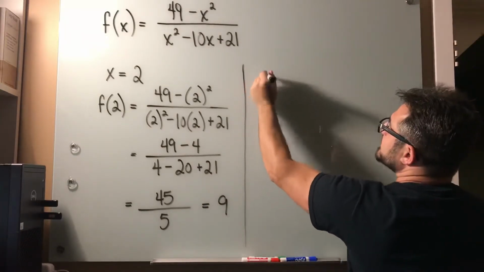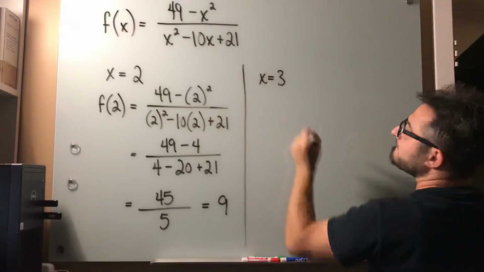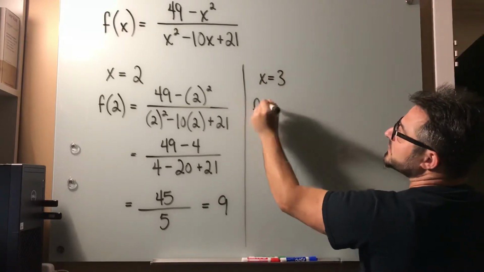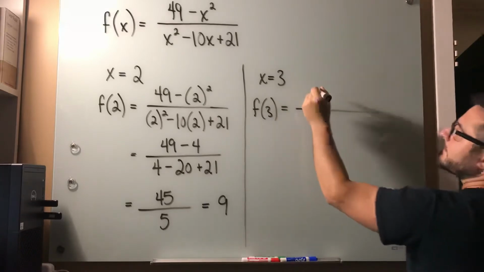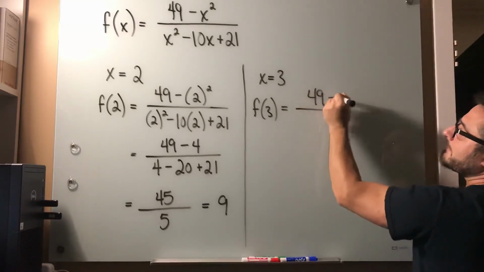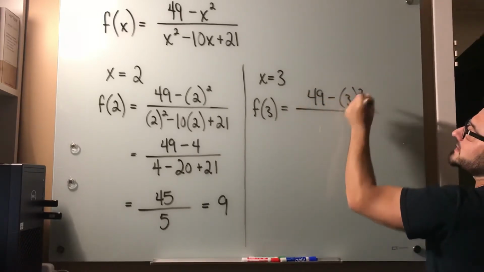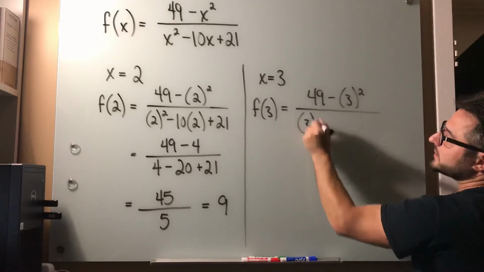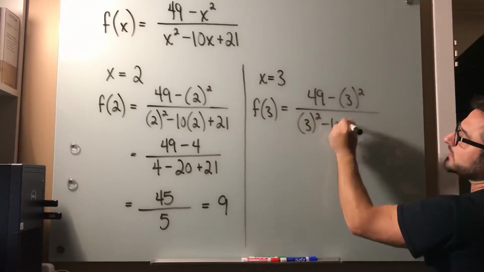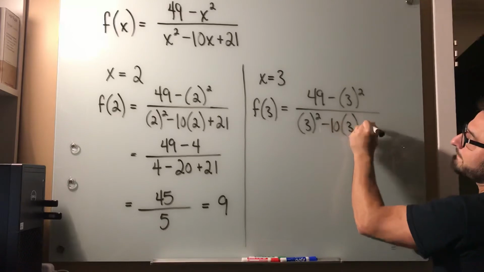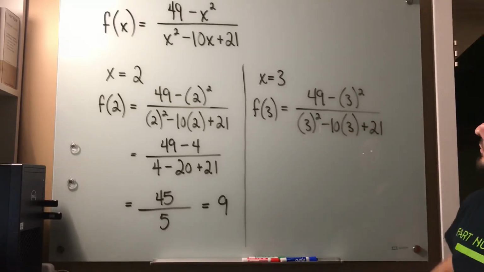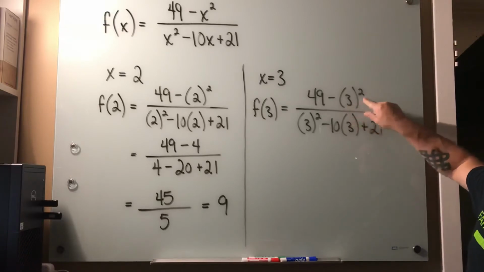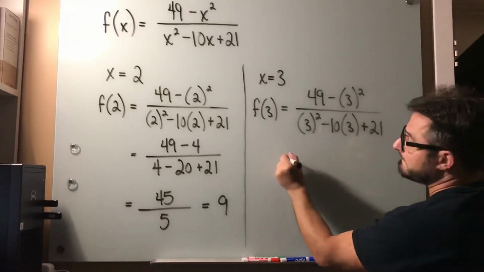Let's try a different input value. x equals 3. It's the same operations done in the same order. So, like before, we'll start in the numerator with squaring the input of 3.